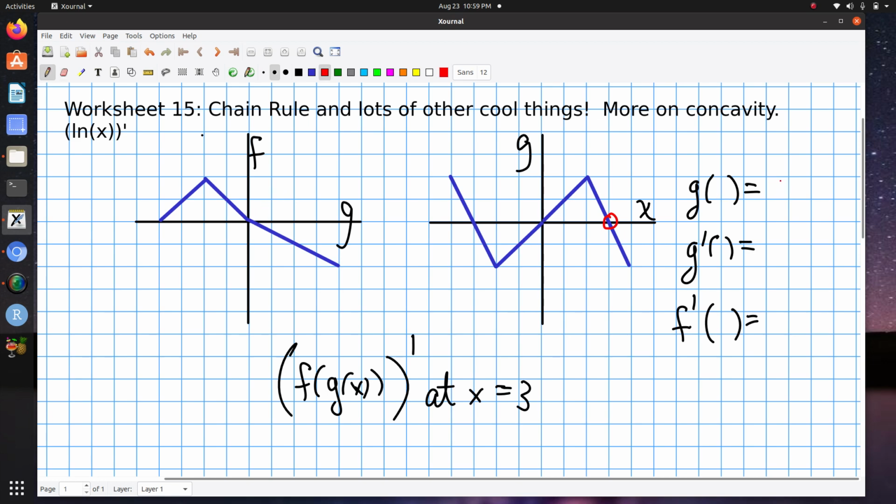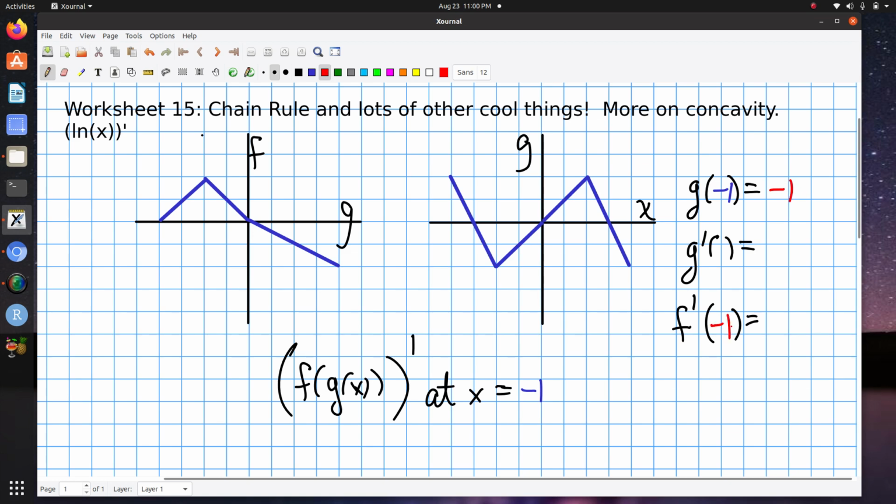Okay, let's try another problem now. Let's try x equals negative 1. So you try that and come back. Okay, g of negative 1 happens to be negative 1. Again, we're going to make this thing red so we can be clear which negative 1 is going down here.